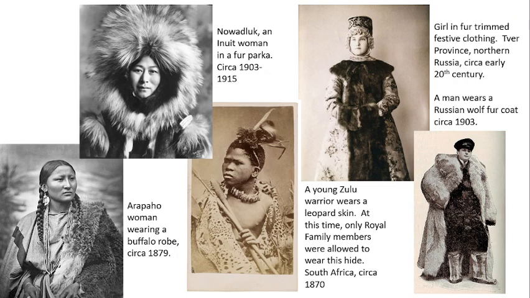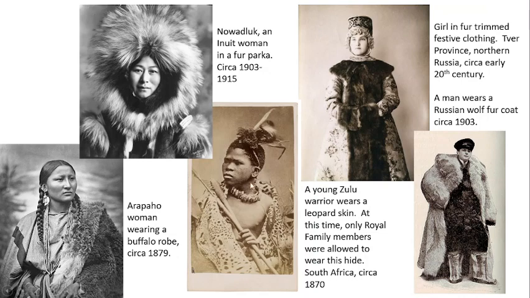Historically, fur has been a very important textile in pretty much every single culture around the world. And these are some historical depictions of fur being used by different cultures. In the bottom left, we have an Arapaho woman wearing a buffalo robe, circa 1879.